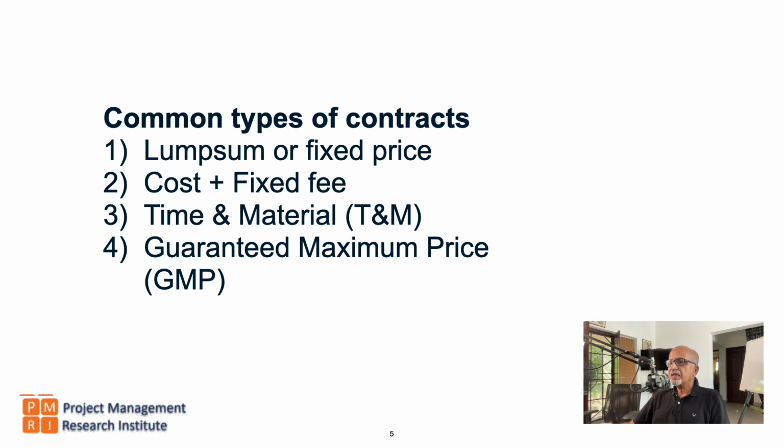Then guaranteed maximum price. In this case, a guaranteed maximum price of the contract is agreed upon, and if the project gets over without consuming the contract value, without consuming the budget, then whatever savings we have is shared between the buyer and the seller.